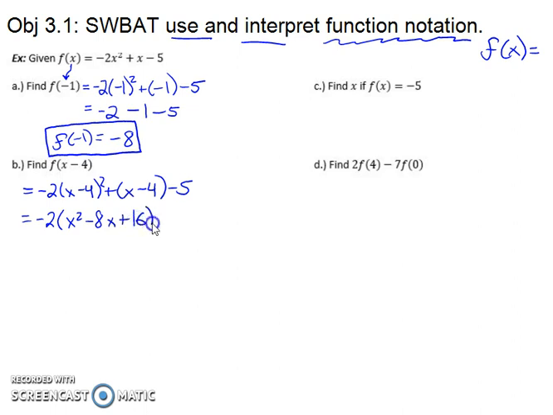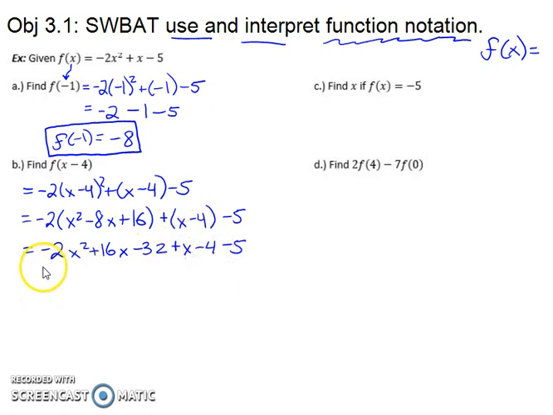You can show more steps for that if you want, but if you don't have to, then don't. And then we still have the plus parentheses x minus 4, and we still have the minus 5. I'm now going to distribute that negative 2, so I have negative 2x squared plus 16x minus 32, and then there's nothing to distribute here, so I'm just going to write plus x minus 4.